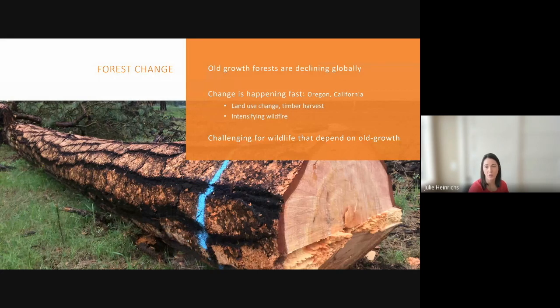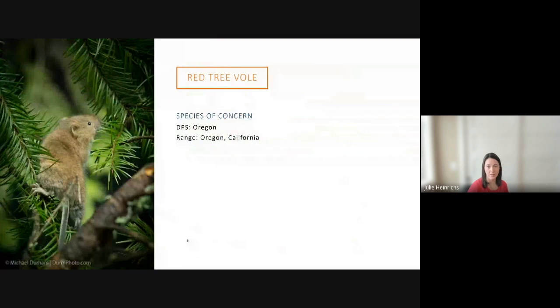In particular, old growths are declining globally, and this is happening particularly fast in Oregon and California with land use change and timber harvest. And you probably all recall some pretty epic wildfire seasons in the recent past. And this combination of factors can be pretty challenging for the species that depend on these older trees.